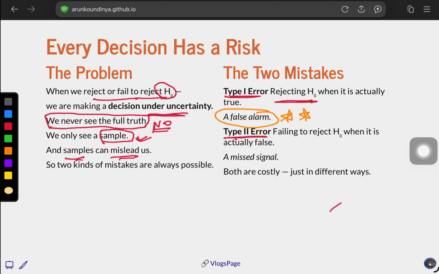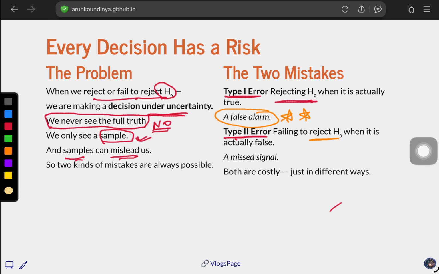What is a Type 2 error? We fail to reject H naught when it is actually false. It means we did not reject the null hypothesis, and we have not proven the person guilty.